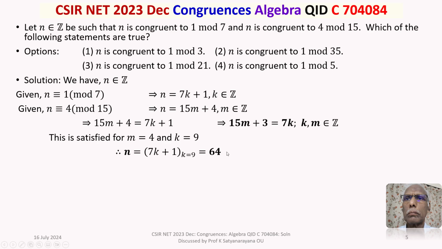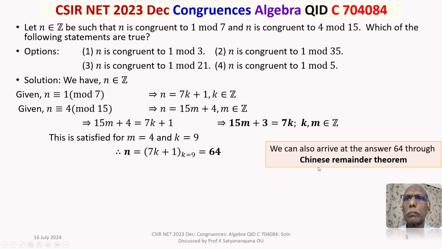You can arrive at this answer 64 and other values of n using the famous Chinese remainder theorem. This is a systematic way of finding the solutions of congruences. I can also use the Chinese remainder theorem, but it will take a little bit of time, and it is a question of time management.